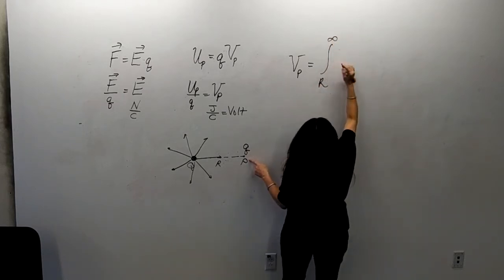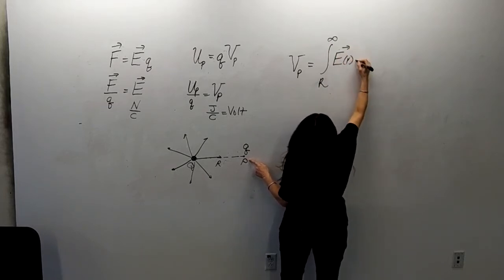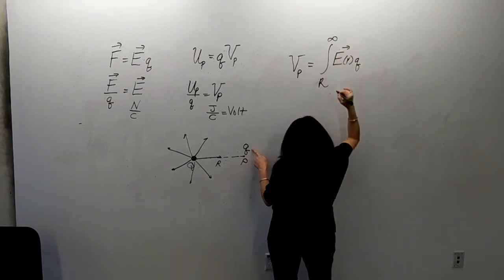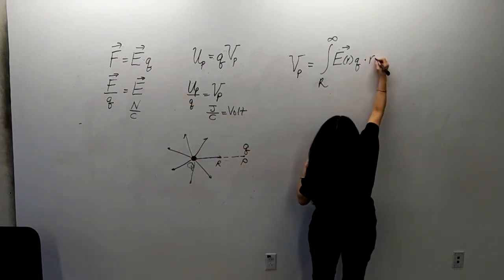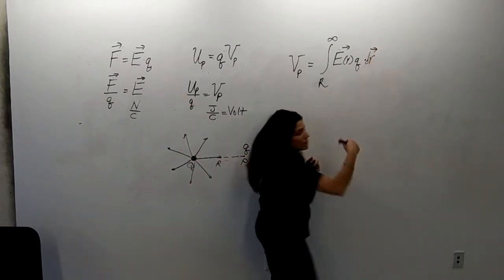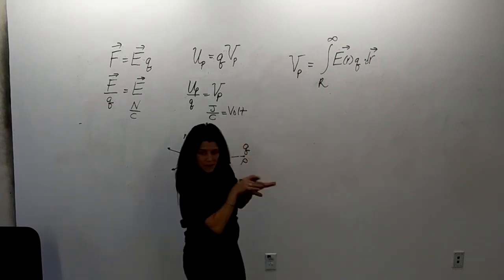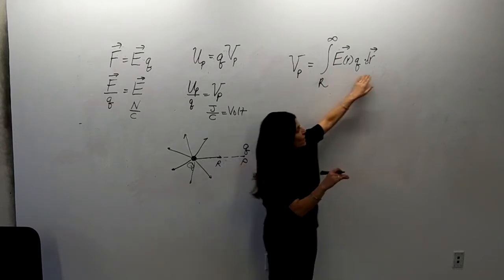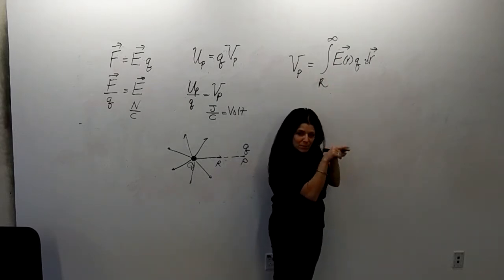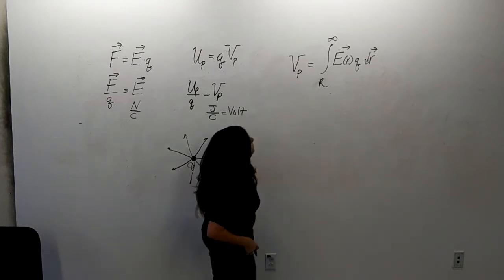Now, the force on this charge is going to be the electric field created by the source charge times Q, the little charge that's there, because force equals EQ. And then I'm going to dot that to dr, my little incremental path, every step that I'm taking, pointing in the r hat direction. Now, E of r points in the r hat direction, dr points in the r hat direction. They both line up, the dot product is 1. That's why this is a nice way to think about it.